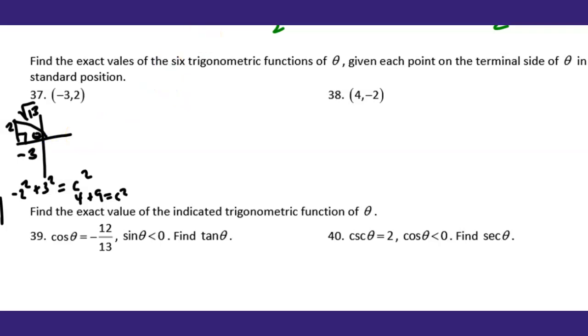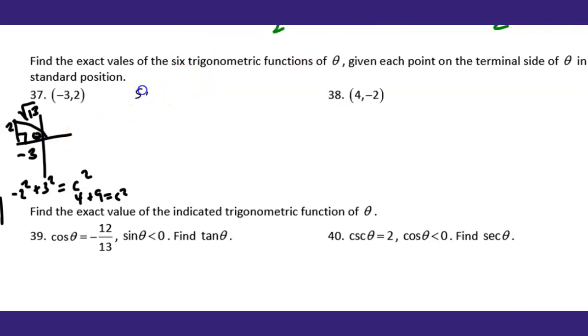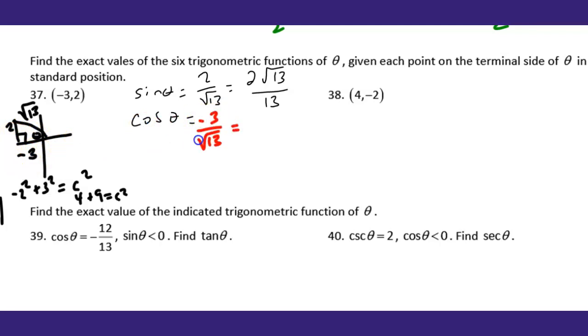So now I can find all my identities because I have all 3 sides of my triangle. So sine of theta is going to be opposite over hypotenuse, which we need to rationalize. Cosine of theta is going to be adjacent over hypotenuse, but you got to rationalize.